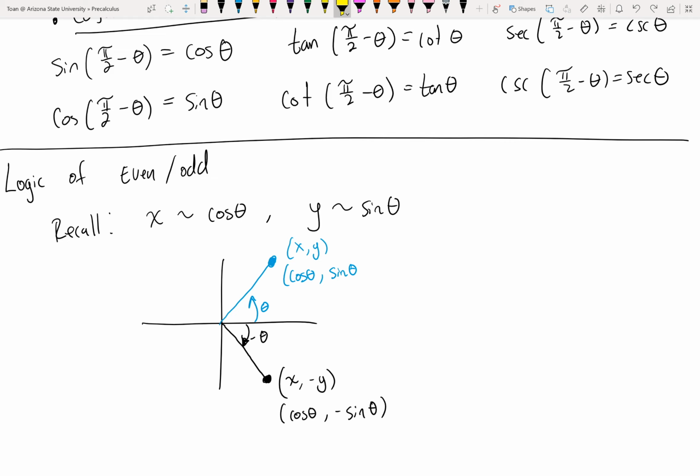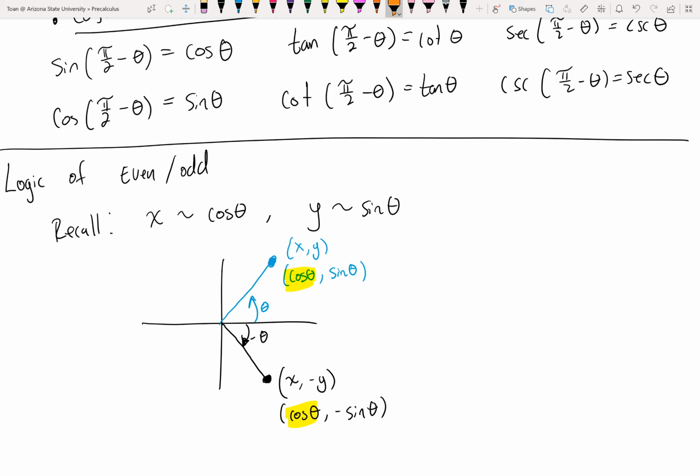So we know that for a negative angle, if you take a negative angle, the cosine stays the same.